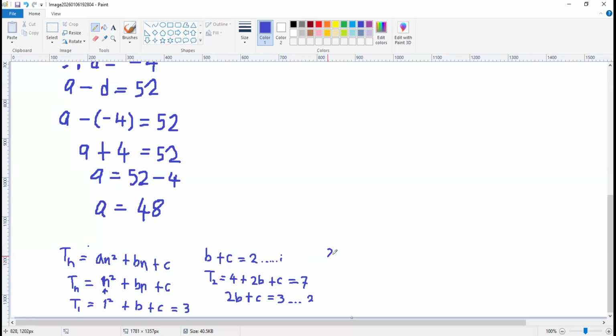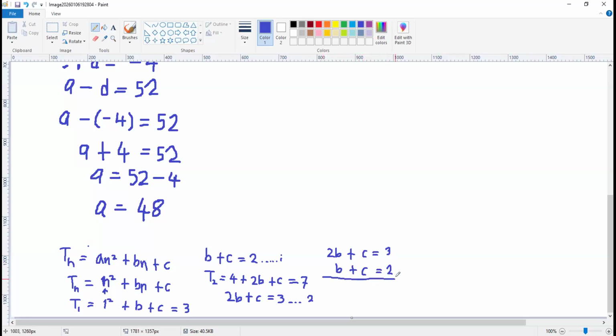So that would be 2b plus c equals 3. That's equation 2. And then minus equation 1, which is b plus c equals 2.